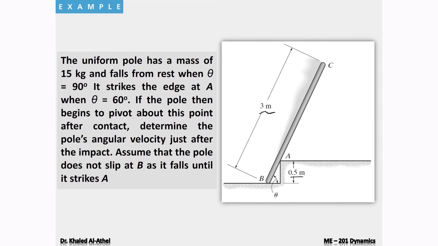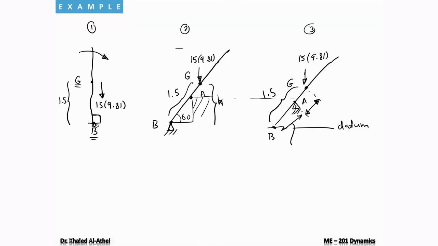This is 0.5. Okay, so this distance, I don't know it. Let me draw it here separately. So this is the center of mass G. Let's say this is point A and this is B. And the angle is 60. And this is 0.5. And this is 1.5.